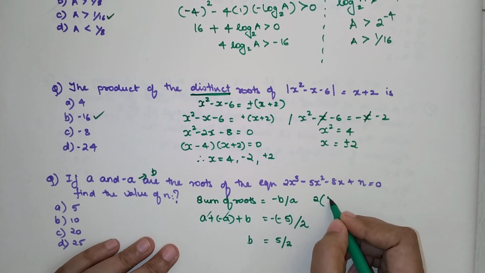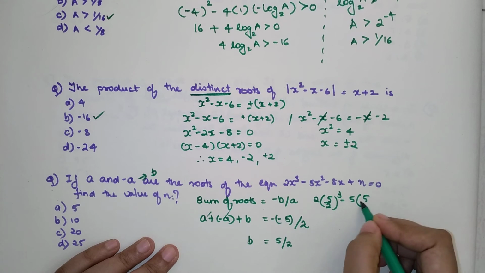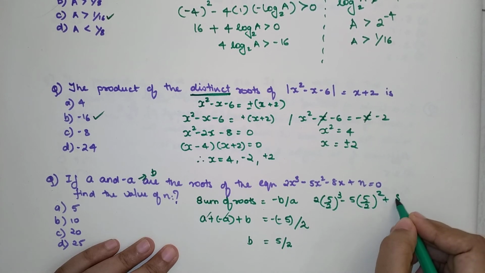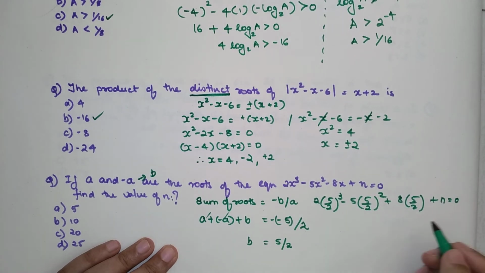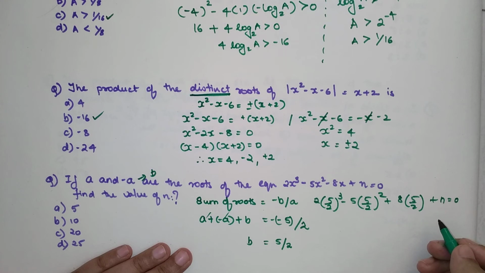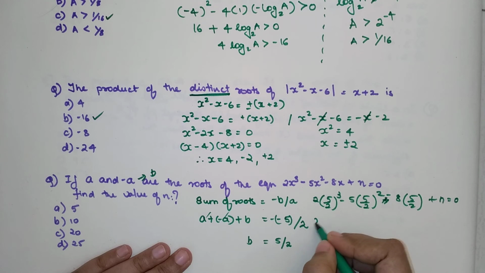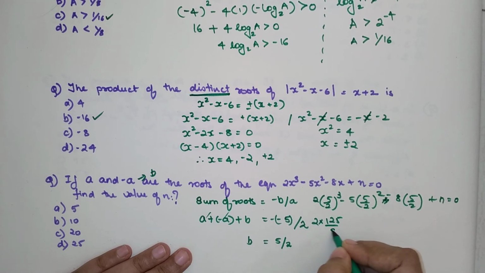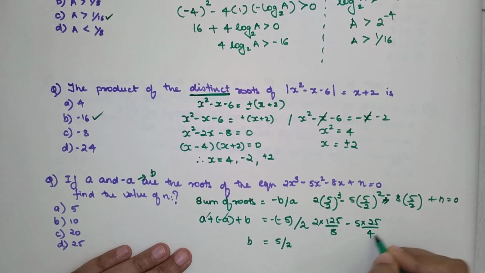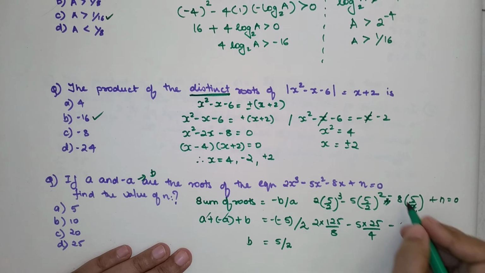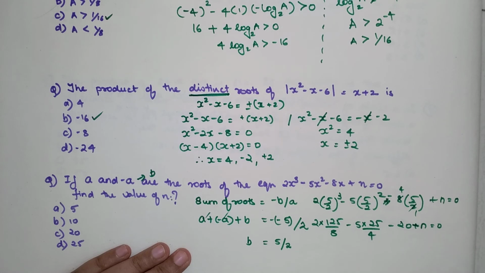So 2 into 5 upon 2 the whole cube minus 5 into 5 upon 2 the whole square minus 8 into 5 upon 2 plus n is equals to 0. Sorry, this is negative 8. Okay. So now this becomes 2 into 125 upon 8 minus 5 into 25 upon 4 minus, this gets cancelled, so we are left with minus 20 plus n is equals to 0.